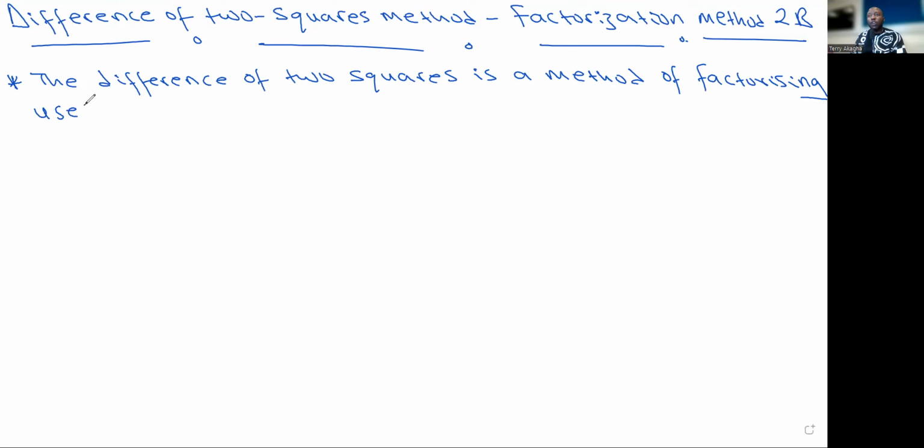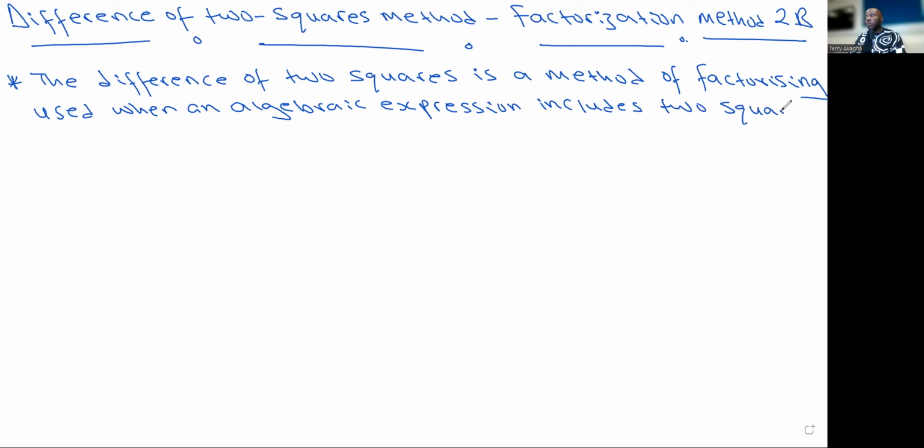So it's a method of factorizing used when an algebraic expression includes two squared terms, where one is subtracted from the other. Is that okay?